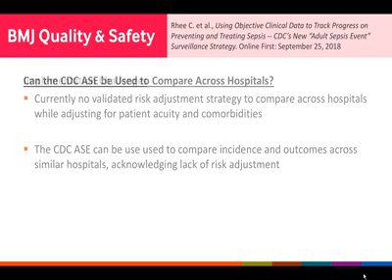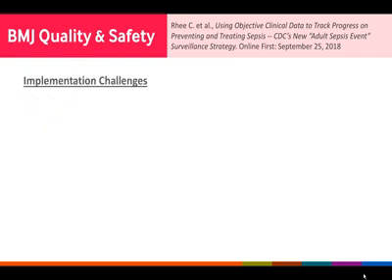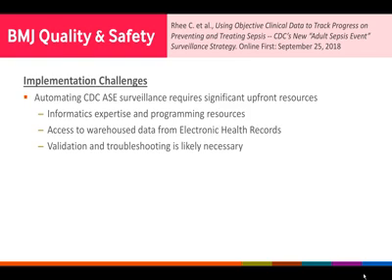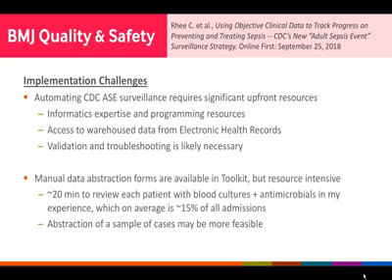There are some implementation challenges I want to review. Automating the CDC Adult Sepsis Event requires significant upfront resources, including informatics expertise and programming resources, in addition to access to warehouse data from electronic records, and validation troubleshooting is likely necessary as well. Manual data abstraction forms are available in the toolkit if you do not want to use electronic data capture, but this is very resource intensive.